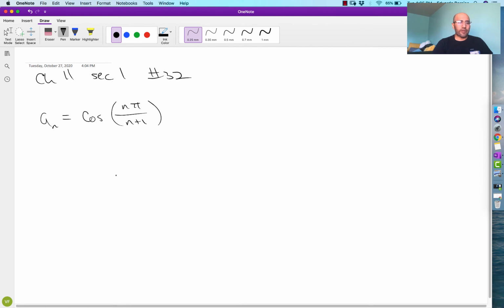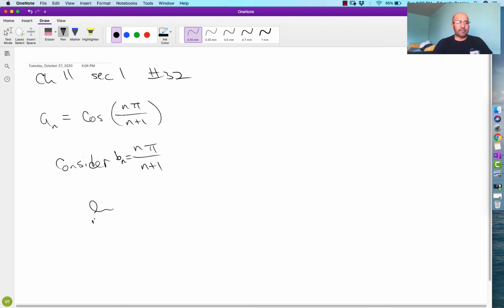Let's consider separating this. So consider n pi over n plus 1. Right, so let's consider this sequence here, b sub n equal to this for a second. Well, the pi is even a constant, so we could consider this.